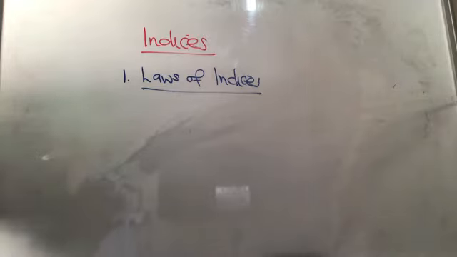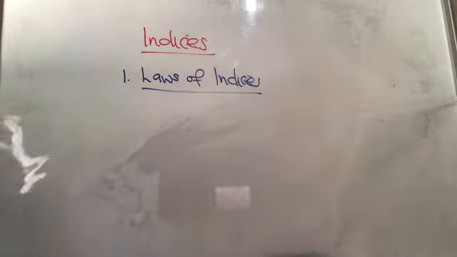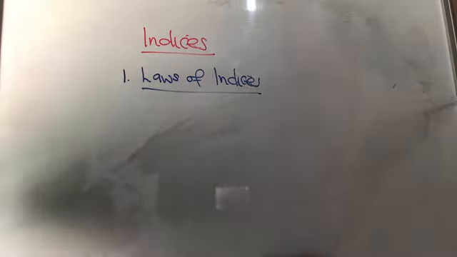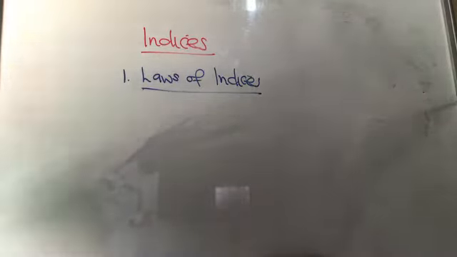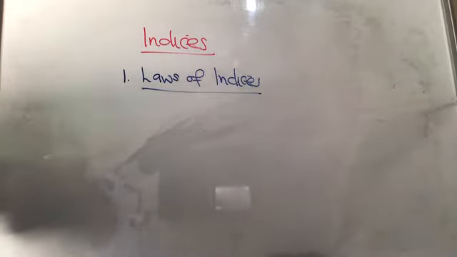So there are about 7 laws of indices that I'm going to highlight, but I'm going to highlight them very slowly for the benefit of the viewer, because if I just write them randomly, then you might not be able to grasp the concept. So let me first of all let you understand what a law is.